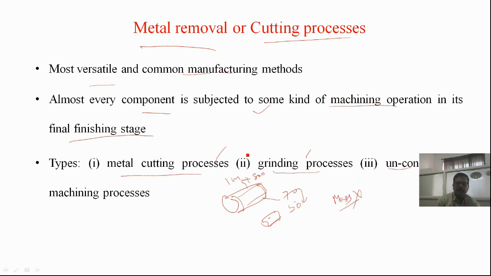Metal cutting and grinding are used for mass production, and the unconventional process can be used for complex shapes, or for materials which cannot be cut by ordinary metal cutting processes. So when the materials are hard or the shape is complex, you can go for the unconventional machining process.